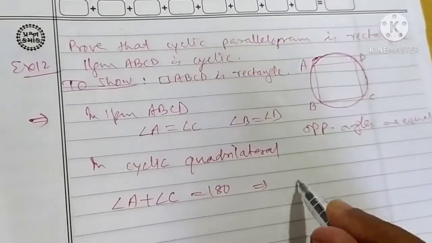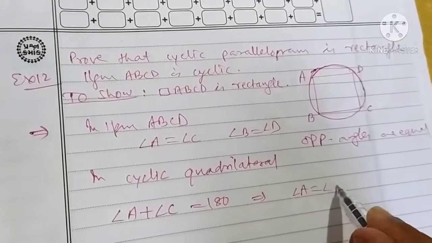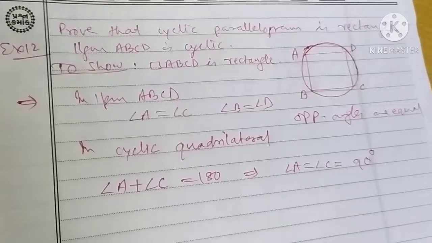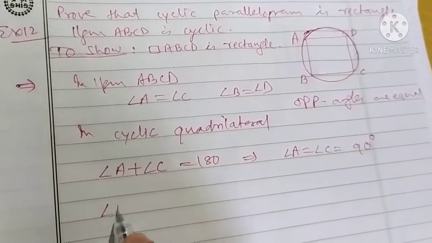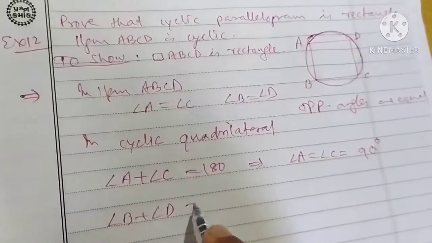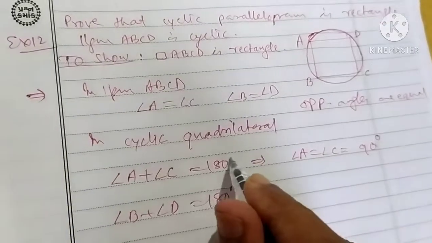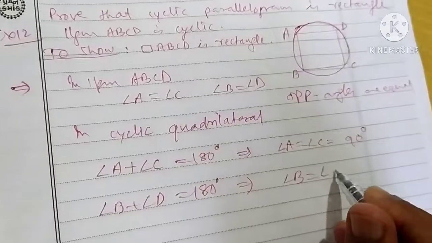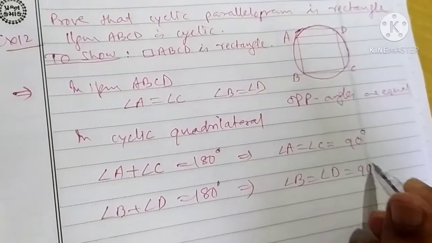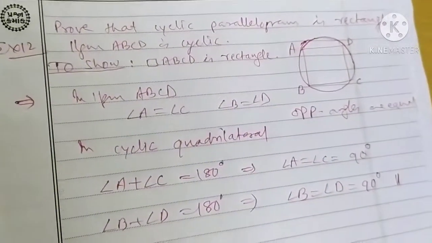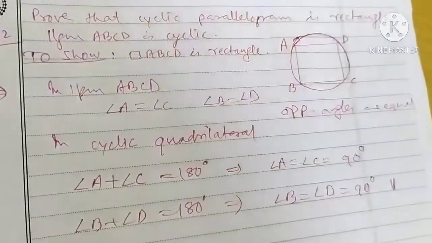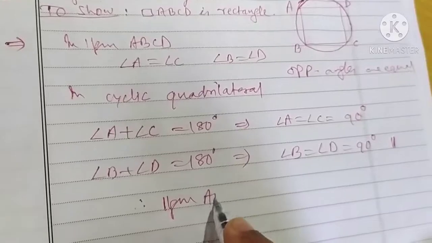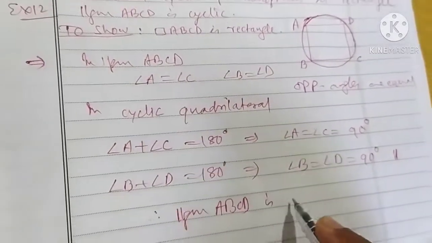This implies angle A equals angle C equals 90 degrees, because they are equal, opposite angles of a parallelogram. Also angle B plus angle D equals 180 degrees. This implies angle B equals angle D equals 90 degrees, and hence proved. If all angles are 90 degrees, therefore parallelogram ABCD is a rectangle.